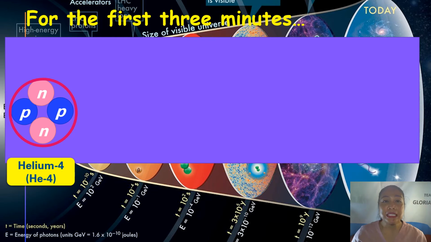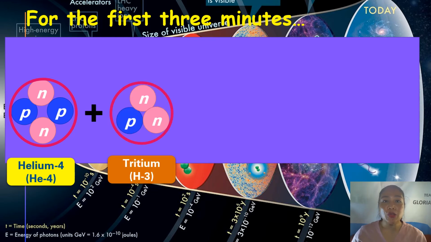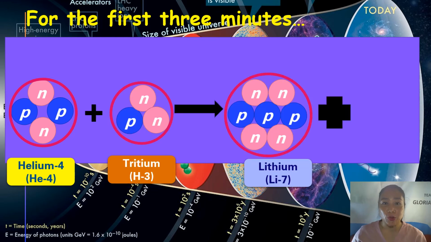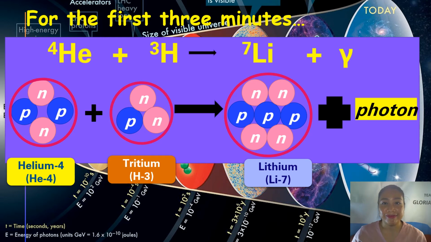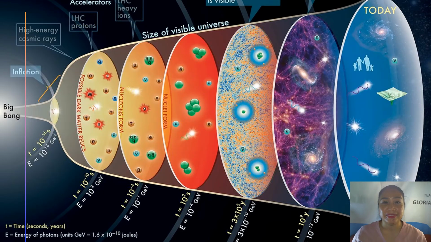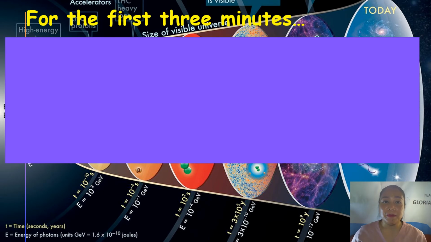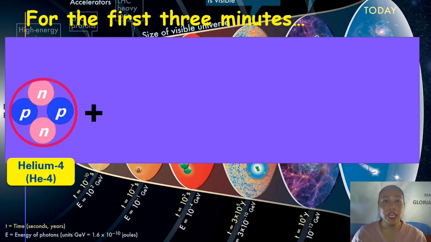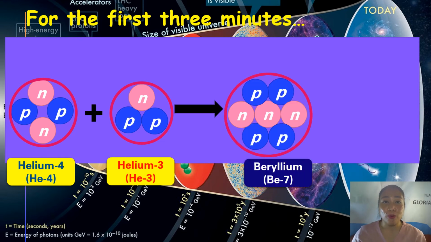Lithium-7 was synthesized from helium-4 and tritium. Beryllium-7 was produced from helium-3 and helium-4.